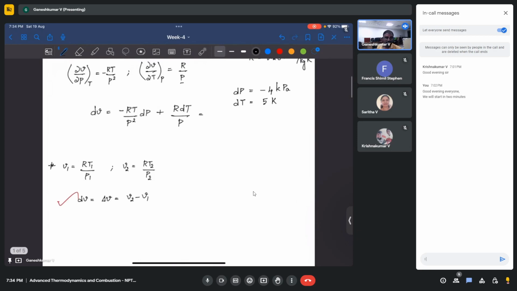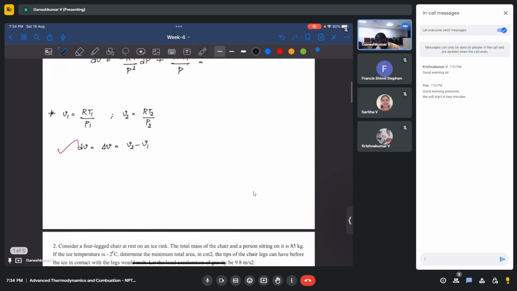The reason we couldn't do that is, when you do the integration, you cannot take P as a constant and you cannot take it outside, right? Even if you do integration, you can still arrive at the same results.